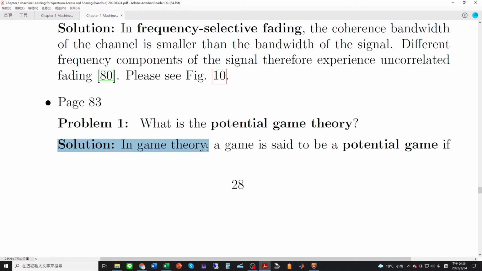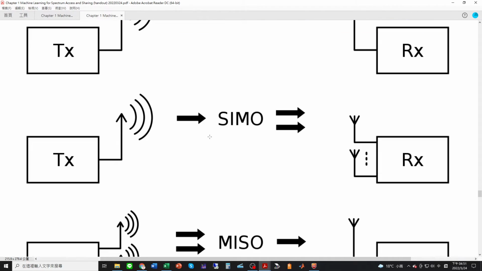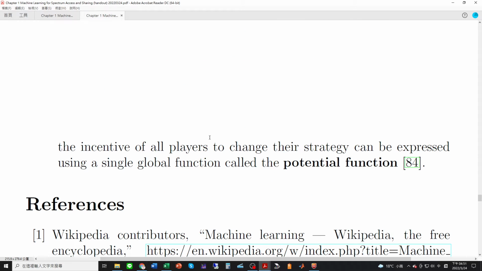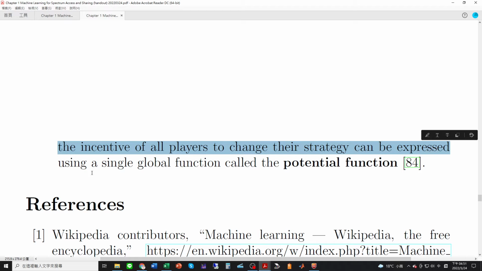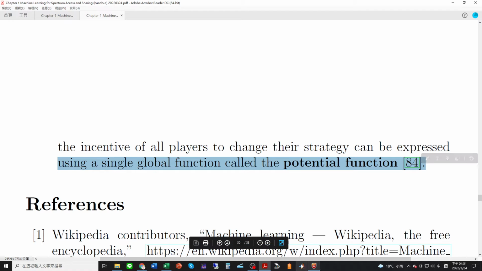In game theory, a game is said to be a potential game if the incentive of all players to change their strategy can be expressed using a single global function called the potential function.